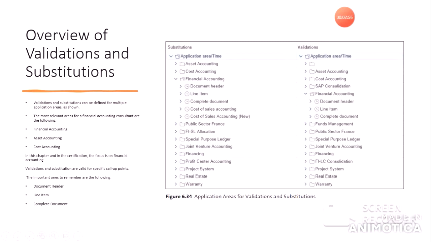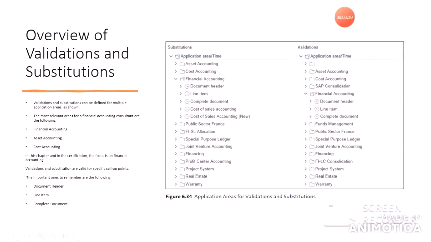So now let us see the theory part. Validations and substitutions can be defined for multiple application areas as shown. So the most relevant areas for a financial accounting consultant are financial accounting, asset accounting and cost accounting.